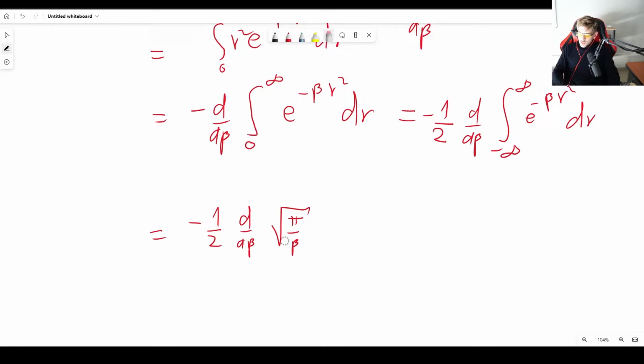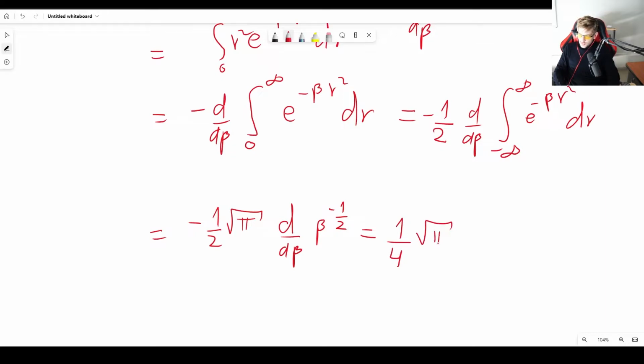Okay, and let me rewrite this. So I'm gonna put the square root of pi outside because it doesn't depend on beta. And I like to write out my beta like this. So minus 1/2. It makes it easier to take the derivative. But again, it doesn't matter. So we take the derivative with respect to beta, so we get a minus 1/2, so we get 1/4, the negative goes away, there's still a square root of pi, and then we have beta to the minus 3/2, but beta is 2b, so we get 2b to the minus 3/2.